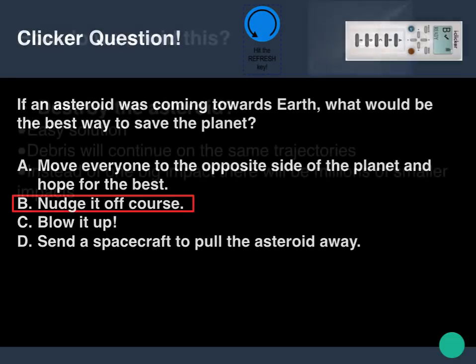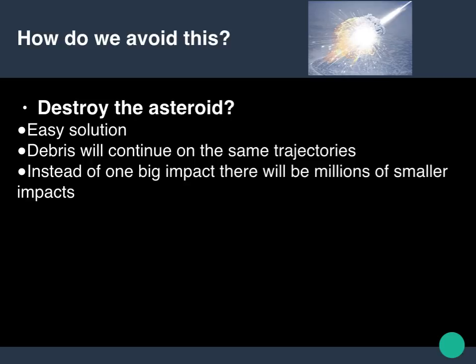As for blowing it up, blowing up the asteroid seems like a good option at first. Like, yeah, let's just eliminate it completely. And it's a very easy solution because it's very easy for us to hit things. We're very good at aiming things and just blowing it up. But the problem is the debris from that, when it breaks apart, all the debris will still come heading towards Earth.